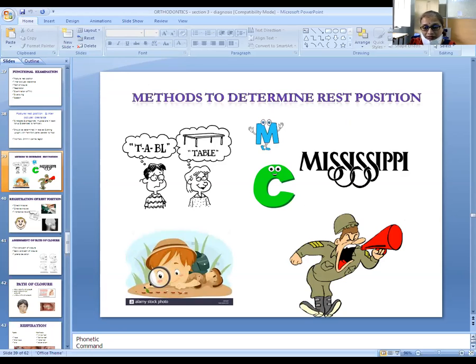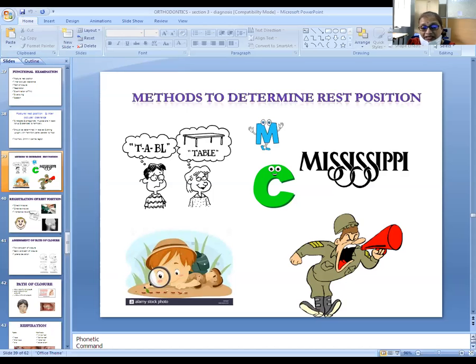How do you confirm that the patient is in rest position? There are methods: phonetic, command, and non-command. What is the phonetic method? You will tell the patient to pronounce some alphabets or words, like starting with M or C. Or you will ask the patient to say words slowly, like table, or Mississippi.